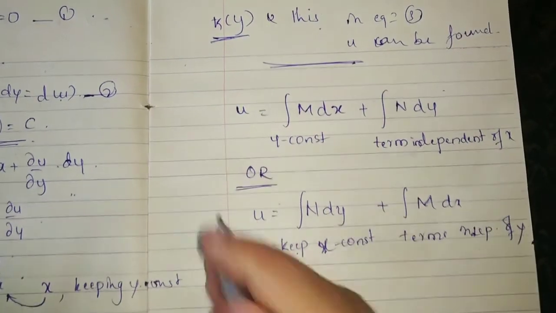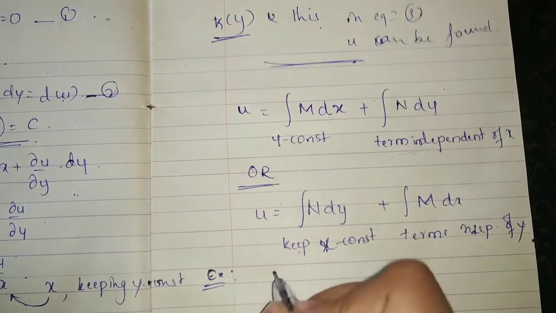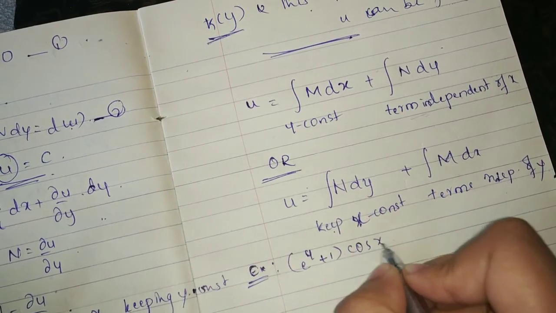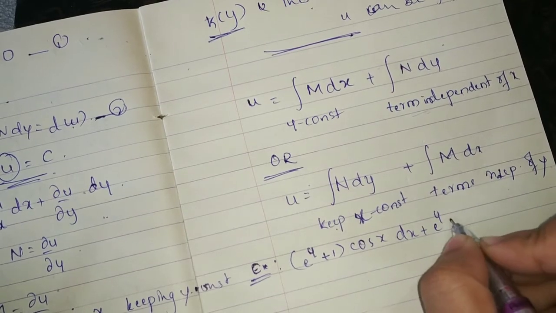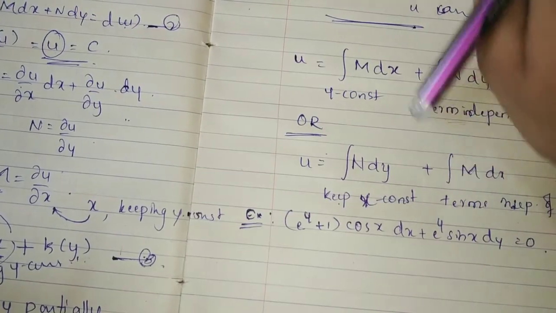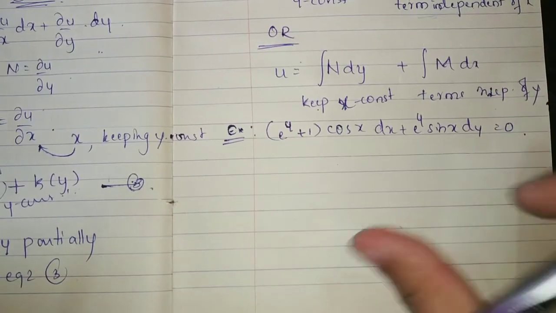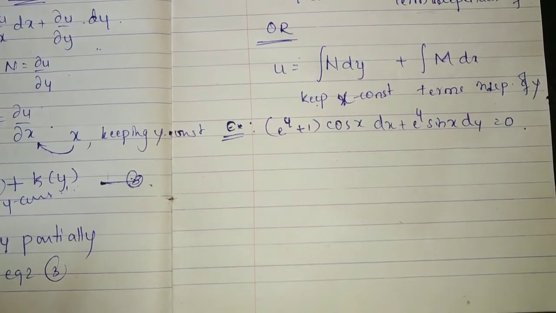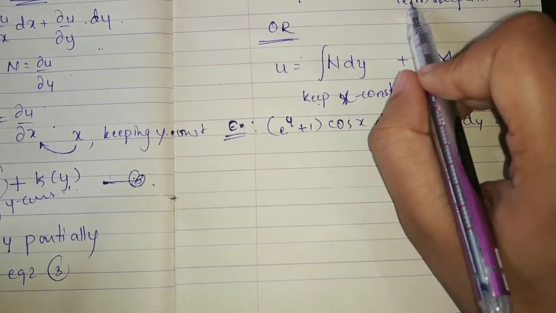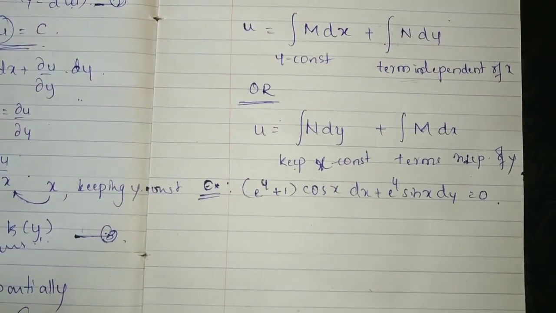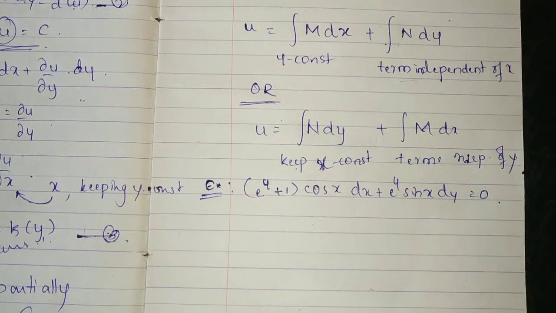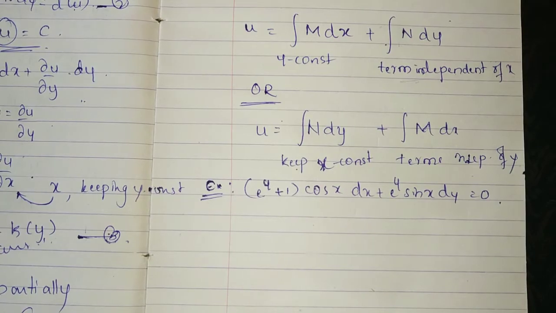Okay, let us solve one example. The equation is (e^y plus 1) cos x dx plus e^y sin x dy equal to 0. First we need to check whether the given differential equation is exact or not. Only then can you proceed further. If it is exact, then you can use this formula to find the general solution. If it is not, then you can go for some other method.